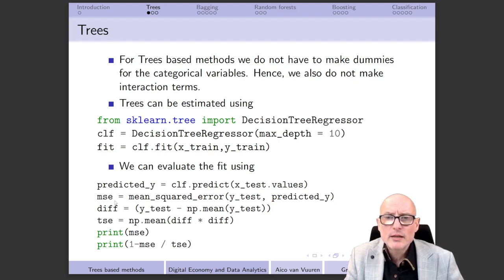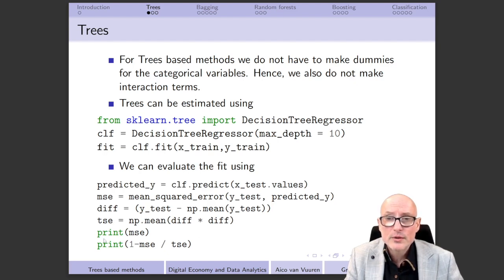Apart from looking at the MSE, it's in many cases also interesting to look at the R squared among the test sample, and we have already seen that before. We can do that by taking first of all the difference between the y values of the test sample and its mean, and then taking the sum of squares with respect to this diff that we have over here, and that will give us the total sum of squared residuals.